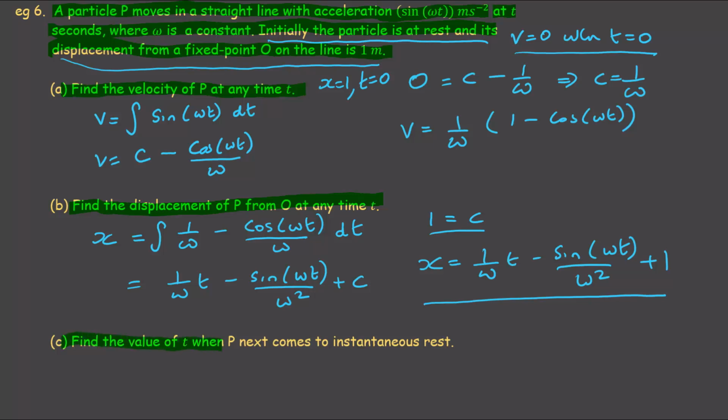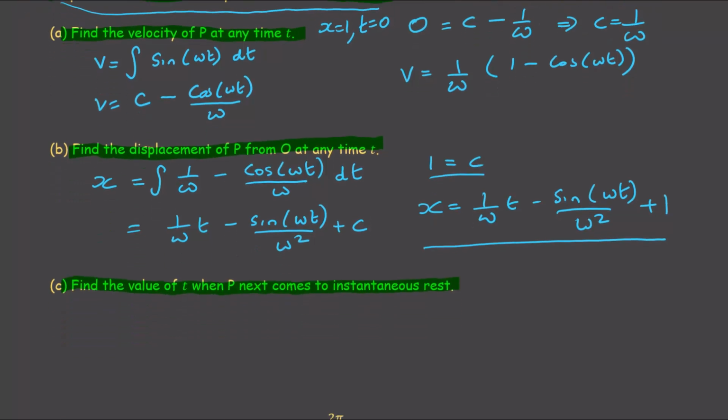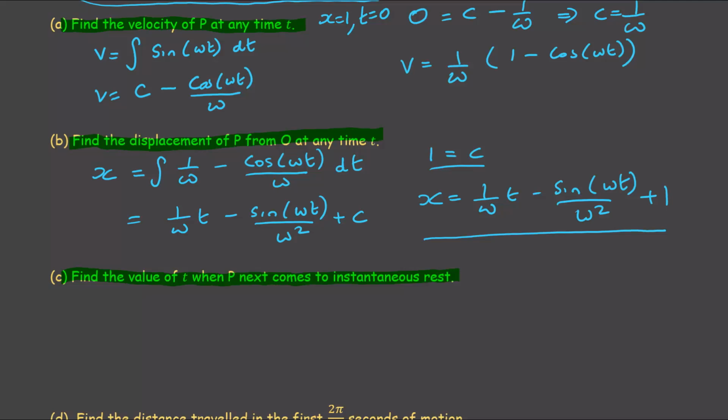Find the value of t when P next comes to instantaneous rest. Remember, it's initially at rest. Well, if we look at velocity, we're going to need 1 minus cos ωt to be equal to 0. Now that happens when t is equal to 0 because cos of 0 is 1.